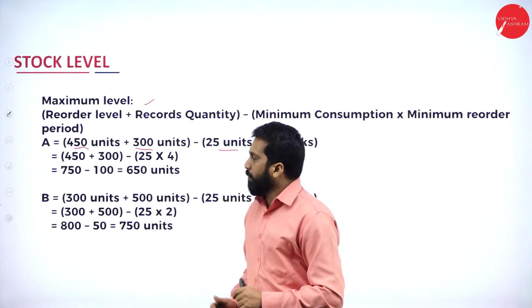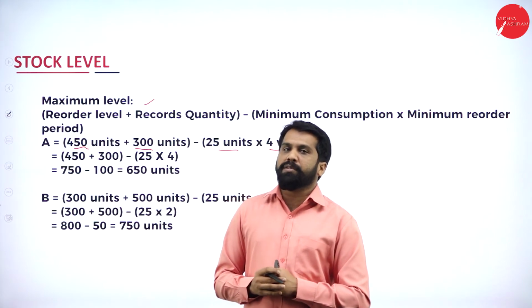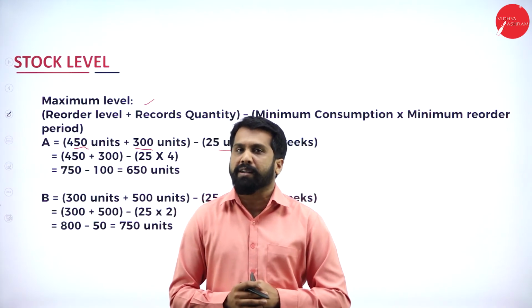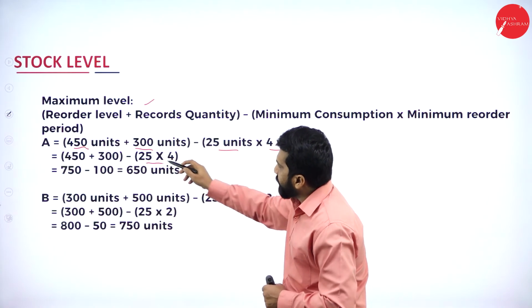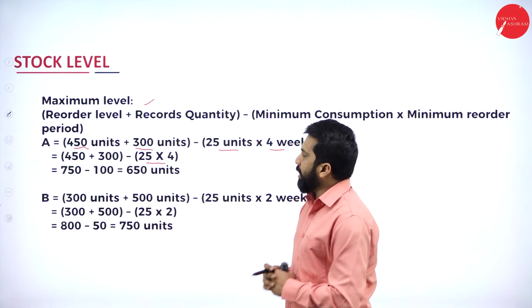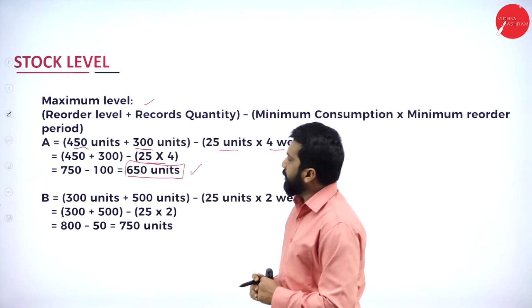That's why you have to show the step-by-step calculation. 25 into 4, everybody knows that it is 100, but it is your duty to show it in the answer script. Now, what is your answer? 650. 650 for your A.